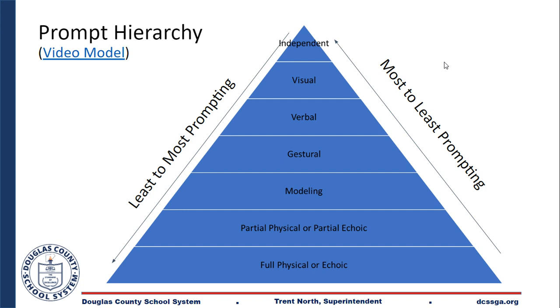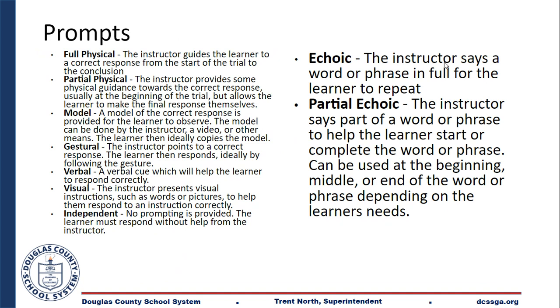Those are probably not going to be as appropriate for those objectives. So just consider the type of prompting that you will be able to use given the objective that you're working on. This is a list of those definitions if you ever need to refer to them.